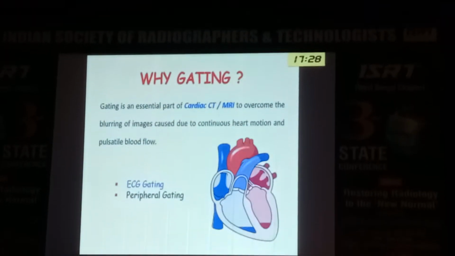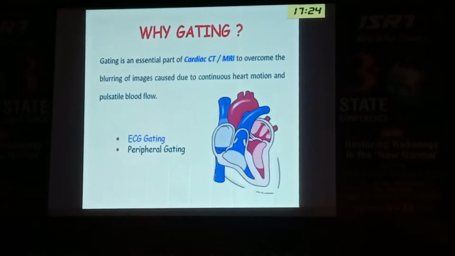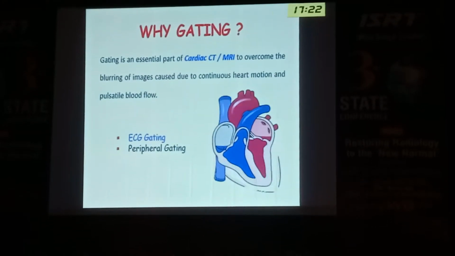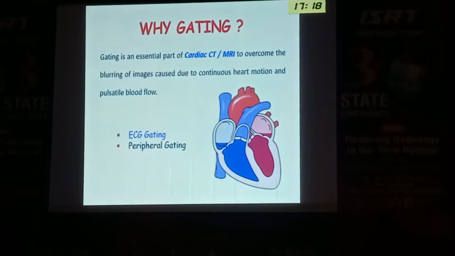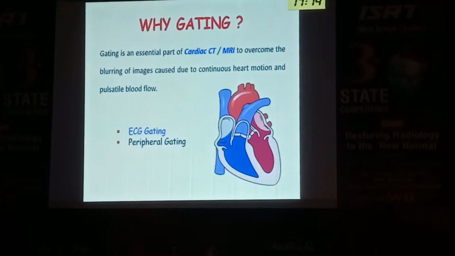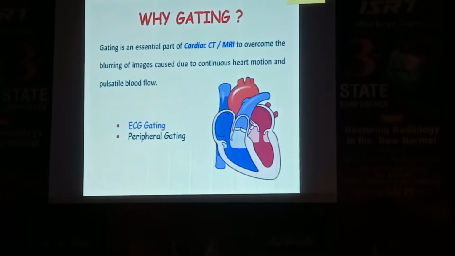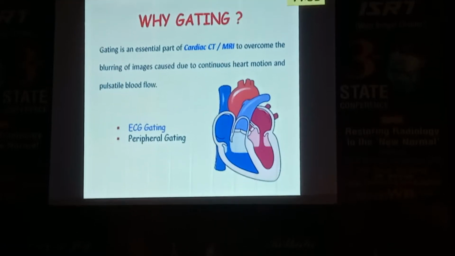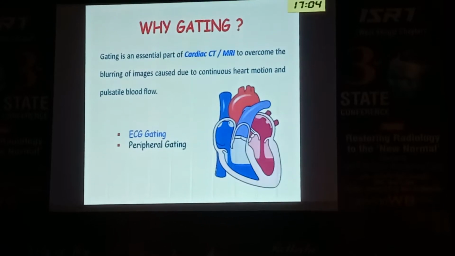I am standing on the platform, so I may not see his face clearly because the train is moving at 100 km speed. Similarly, when I am going to image a moving organ, I should synchronize. How to synchronize? The X-ray beam I apply to capture the data has to be synchronized with the movement. That is called gating.